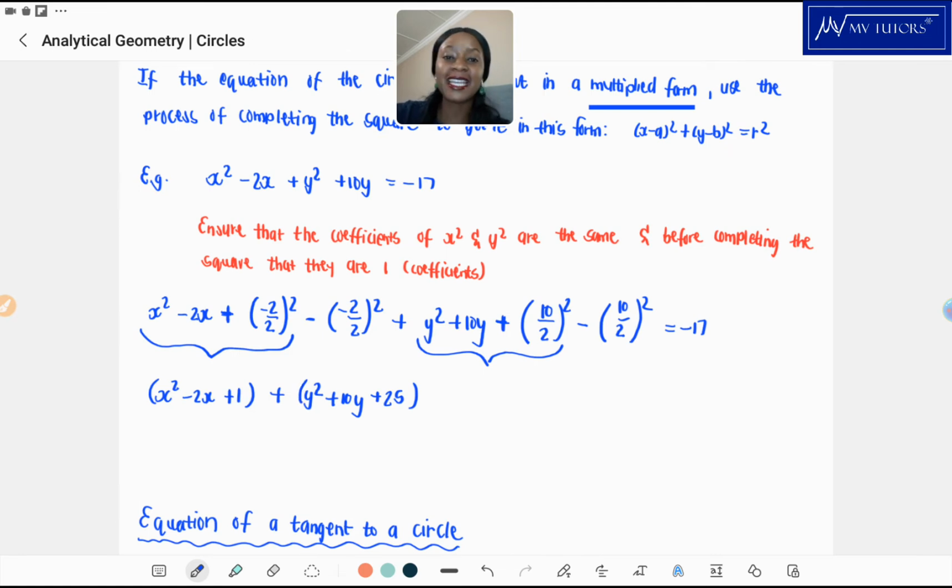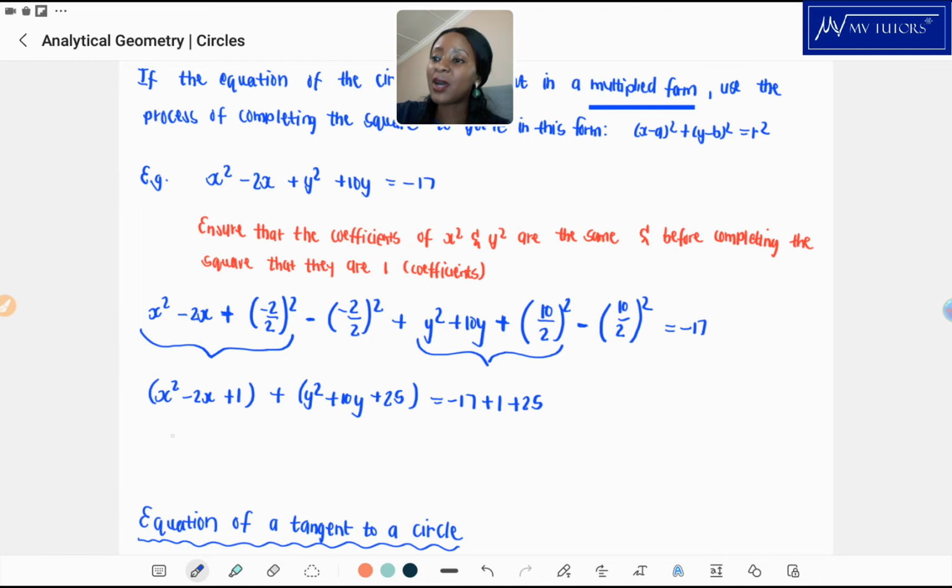And then I take the constants to the other side. So I had negative 17. So I have negative 2 over 2, that's negative 1 squared, that's positive 1, but it's negative 1 here. If it comes to the other side, it's going to be plus 1. Here I have 10 divided by 2, which is 5 squared, that's 25, but I have a negative here, so I'm going to add 25.